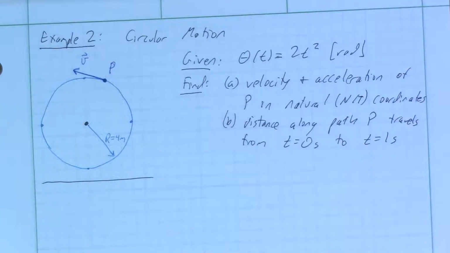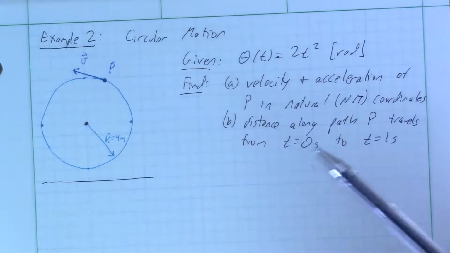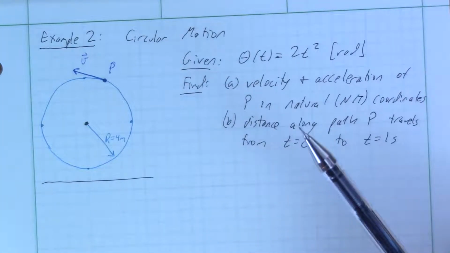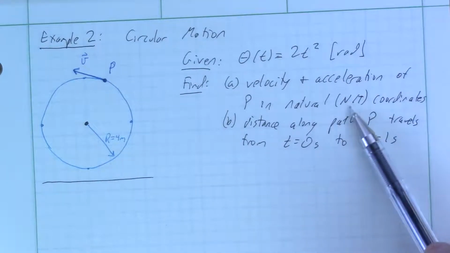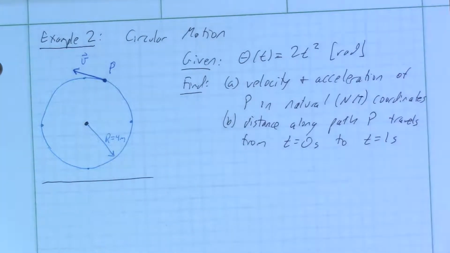All right, so in this second example, we're applying the theory that we derived for analysis with these natural coordinates: normal and tangential components, normal and tangential unit vectors.